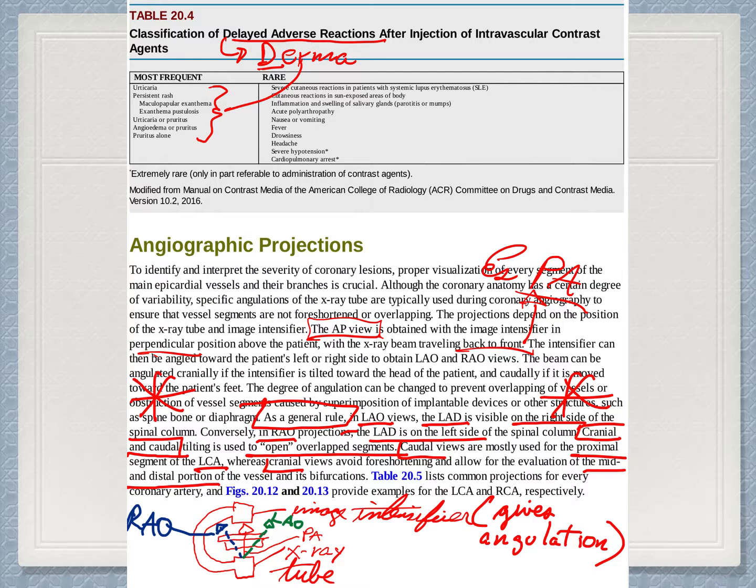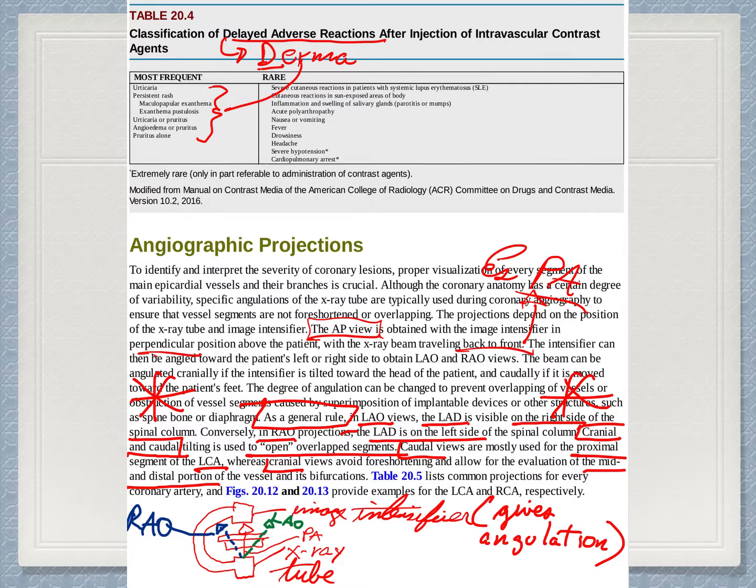But before looking at the views, look at the image down below. There you can see the arc, and the arc has a lower portion and what is above the patient. What is below the patient is the X-ray tube. Here is where the X-rays are emitted. Above the patient is the image intensifier, where the X-rays will be received.